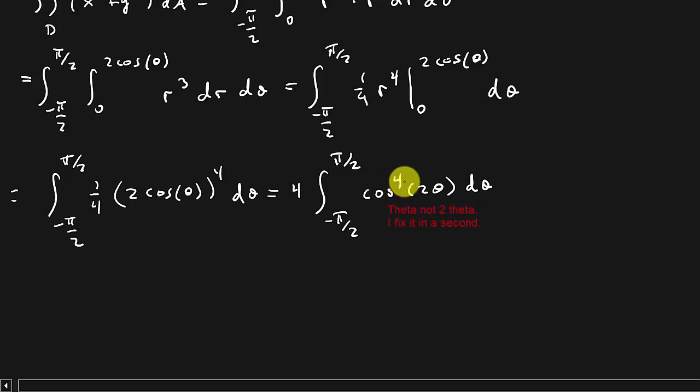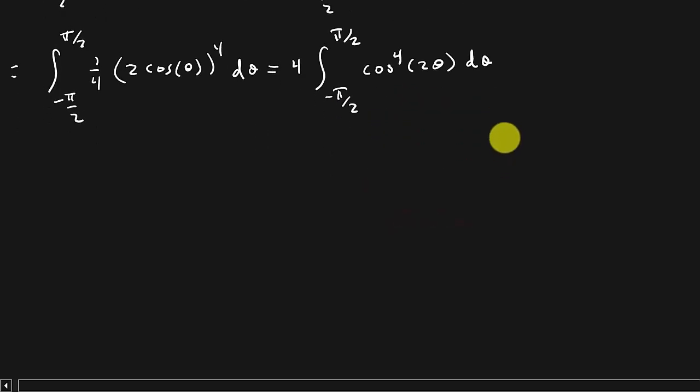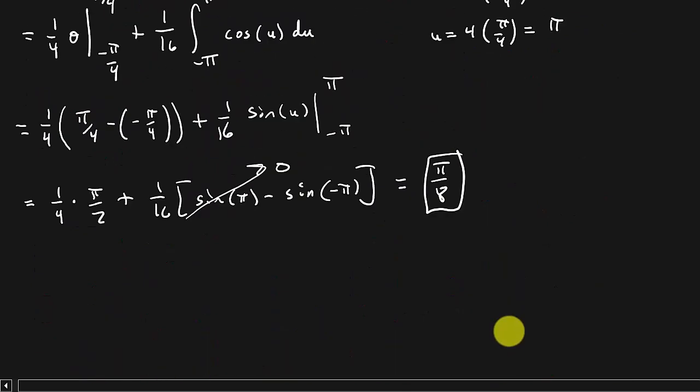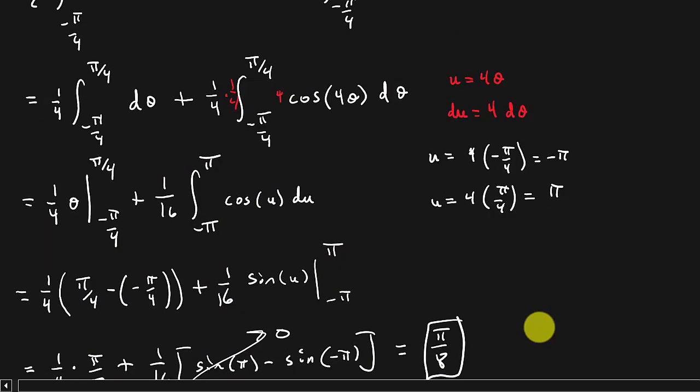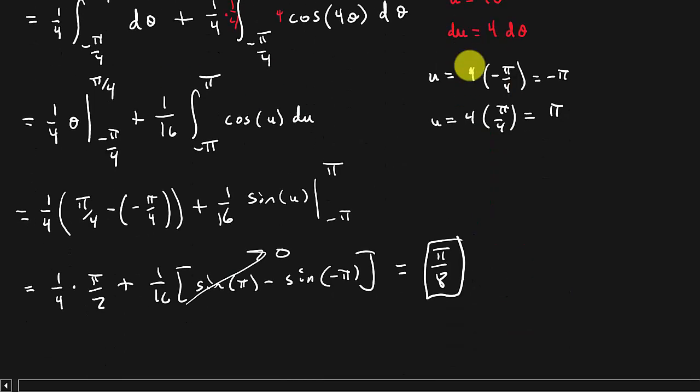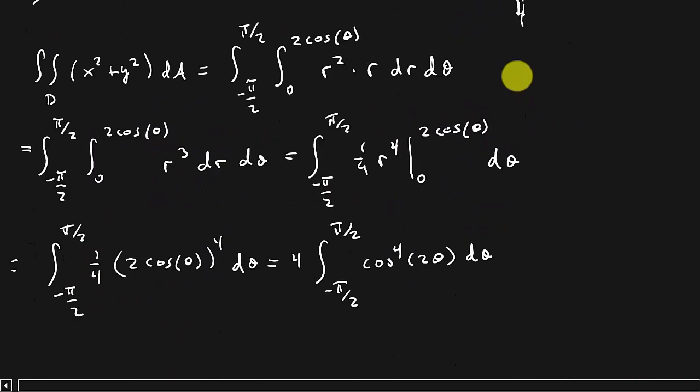All right, so now we get the fun task of integrating that thing. I don't know anything about how to go about integrating cosine to the 4th. But what I do know how to integrate, and we did it in these previous ones, is cosine squared.